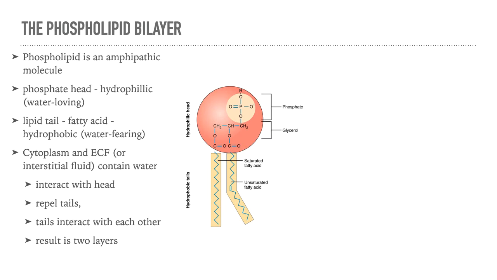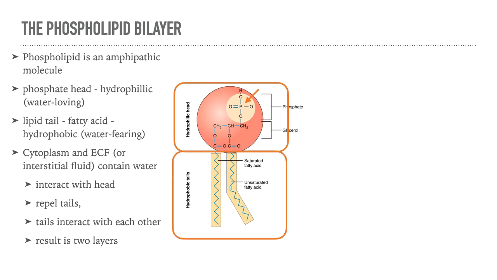So a single phospholipid molecule, which is shown here, has what's called a phosphate head, which I'm circling. Okay, this phosphate head is charged and contains a phosphate group, which is this phosphate atom with 4 oxygen molecules. The phosphate group is negatively charged, and because of that, we say that the phosphate head is hydrophilic or water-loving.